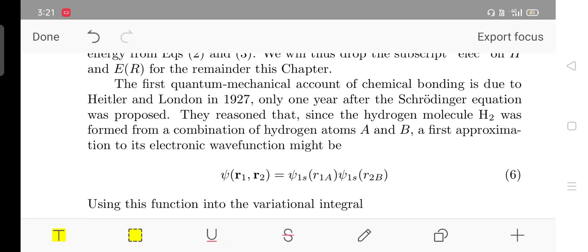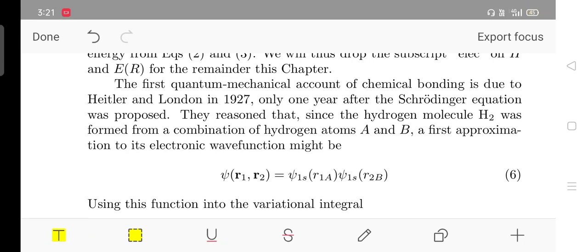So Heitler and London thought that the hydrogen molecule is formed as a combination of two atoms, which consist of two nuclei and two electrons. As a first approximation, the electronic wave function might be like this.